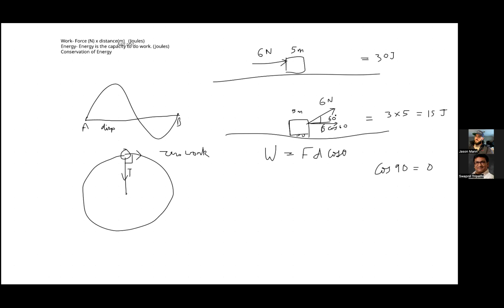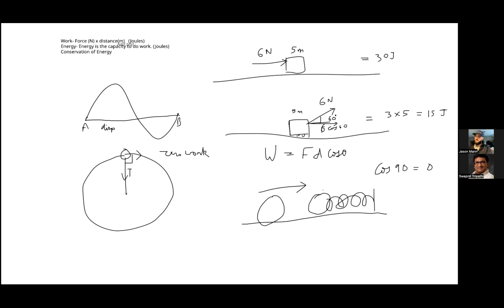Suppose there's a bowling ball which is moving with some velocity, and there's a big spring here, and the bowling ball hits this, right? And it will come to a stop.